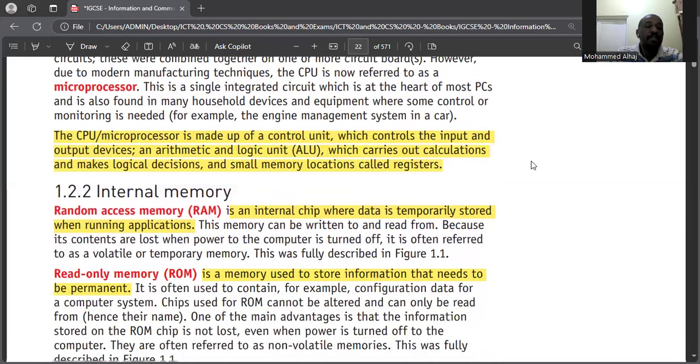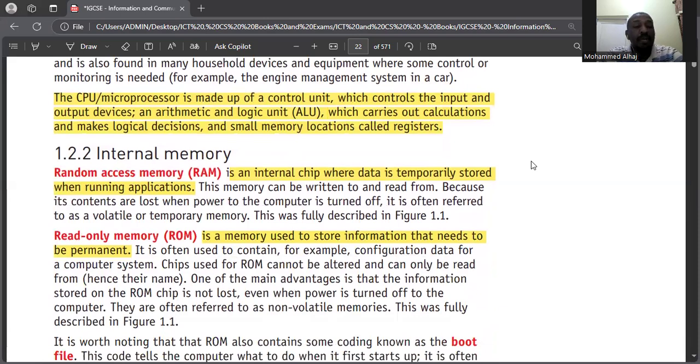Next, we need to talk about the internal memory. In simple language, when we talk about internal memory, we are talking about two types of memory, which are RAM and ROM, random access memory and read-only memory. Random access memory is an internal chip where data is temporarily stored when running applications.